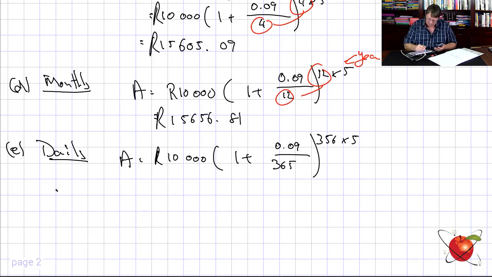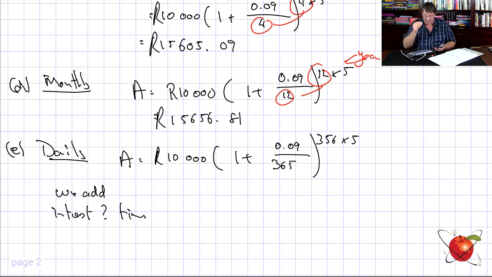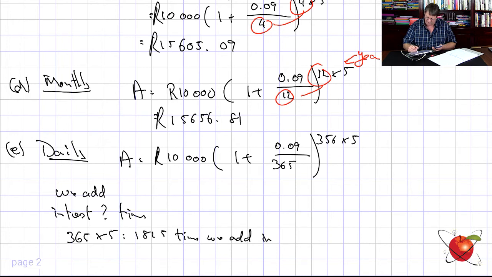Well, at the end of each day, so 365 times 5 equals 1,825 times we add interest. Okay, it's not a lot each time. The actual answer is 15,682.25.